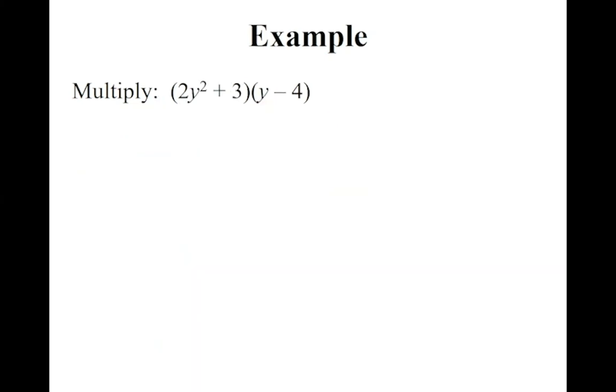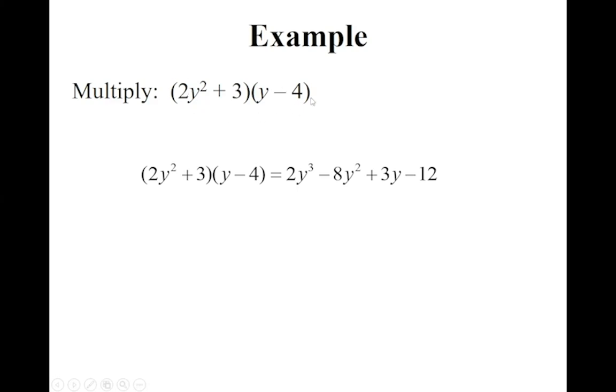Let's take a look at this one. Multiply 2y squared plus 3 times y minus 4. We're going to FOIL. First, 2y squared times y is 2y cubed.